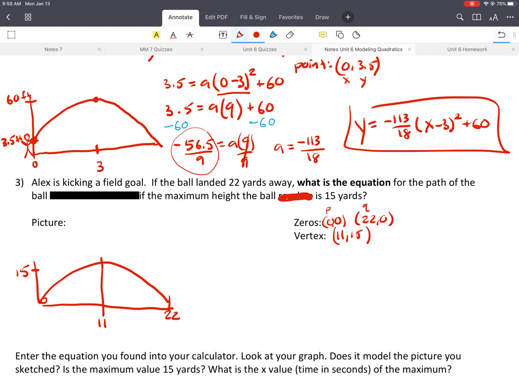I'm going to use the vertex form, so h and k, and I'm going to use this as my x and y. So we'll do y equals a (x minus h) squared plus k. All right? Simplify this part. That gives you a negative 11 squared, which is 121.